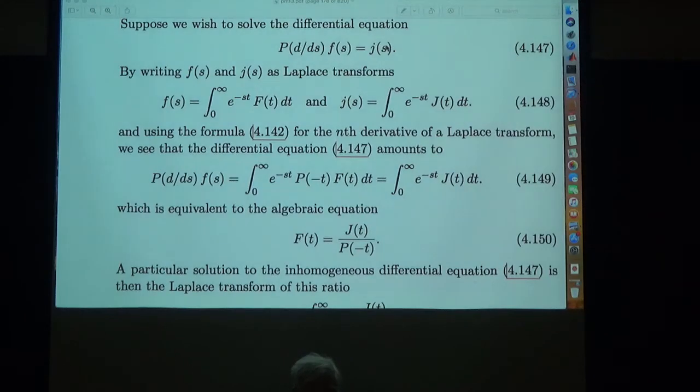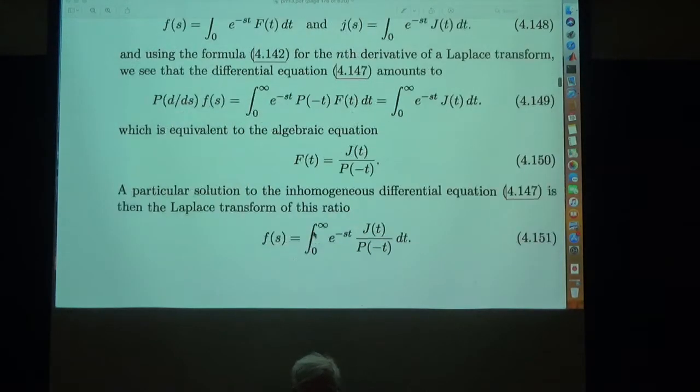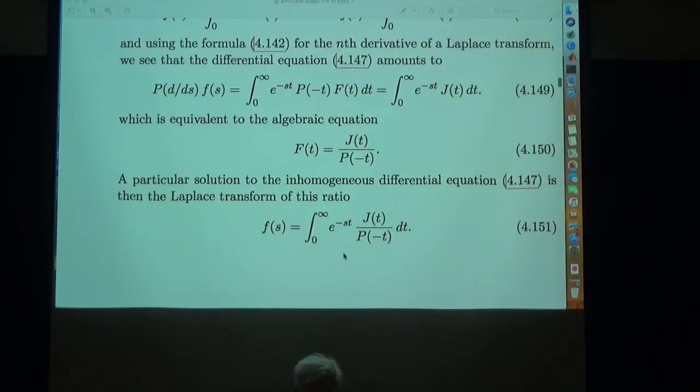If you know that, then you don't really have to know what f is, because you're going to write your answer in terms of the Laplace transform of the source function, divided by the polynomial in minus t, and that gives you the answer. And then your answer is the Laplace transform of that ratio.